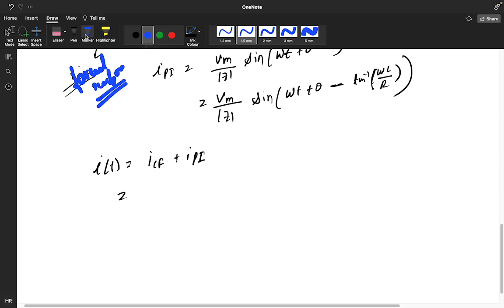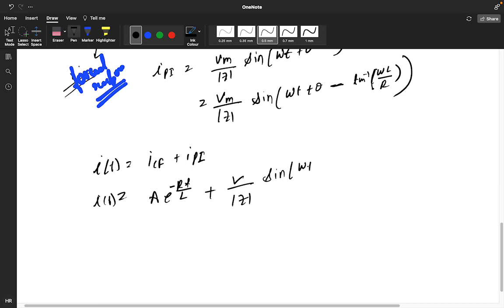So i(t), I am getting the i_CF value, A e^(-Rt/L), and what is my i_PI value? V by mod Z sin(omega t plus theta minus alpha), I am taking.